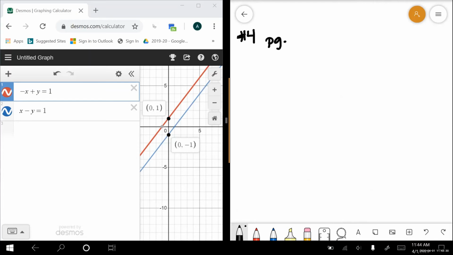Number 4 on page 257. And number 4 is 2x minus 2y equals 4, and negative x plus y equals negative 2.